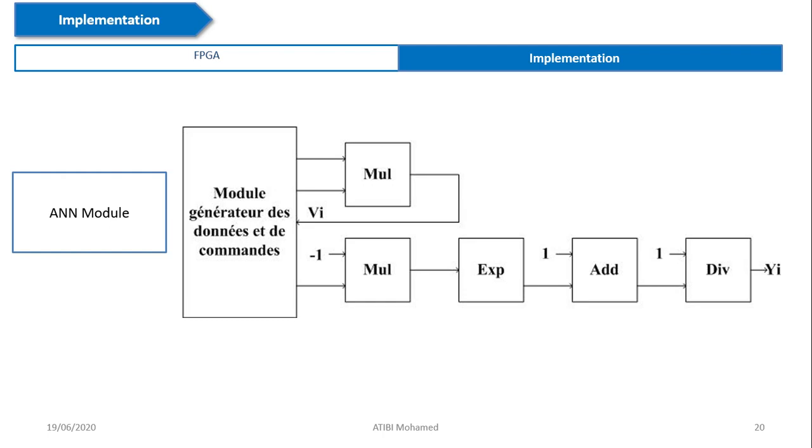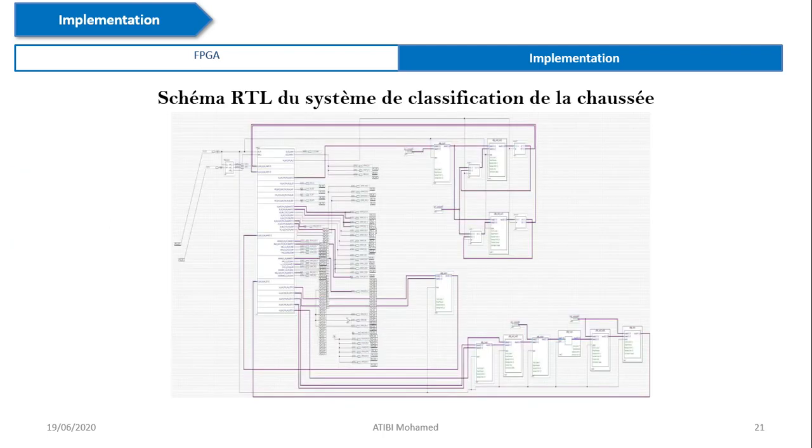Thereafter, this formal neuron and the command and data generator model help each other to accomplish the work of the artificial neural network. And finally, here we have the RTL schema of my roadway classification system.